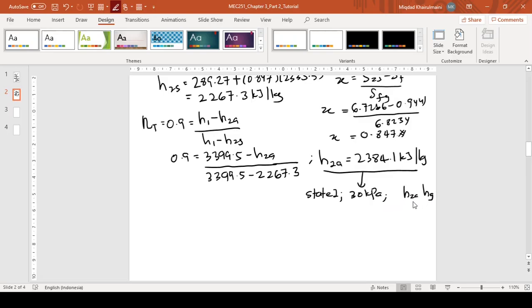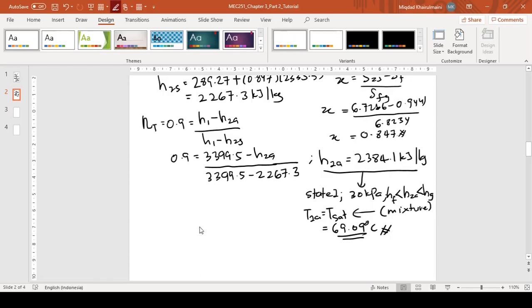It's less than hg, and if we compare with hf, it's greater than hf. So we know that the phase is still a mixture. When the phase is still a mixture, T2a is equal to the T saturation. That is why we get 69.09 degrees Celsius.